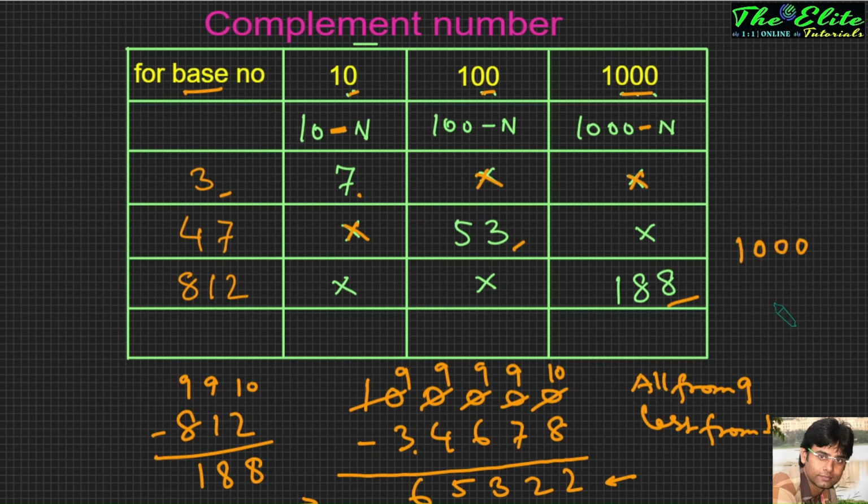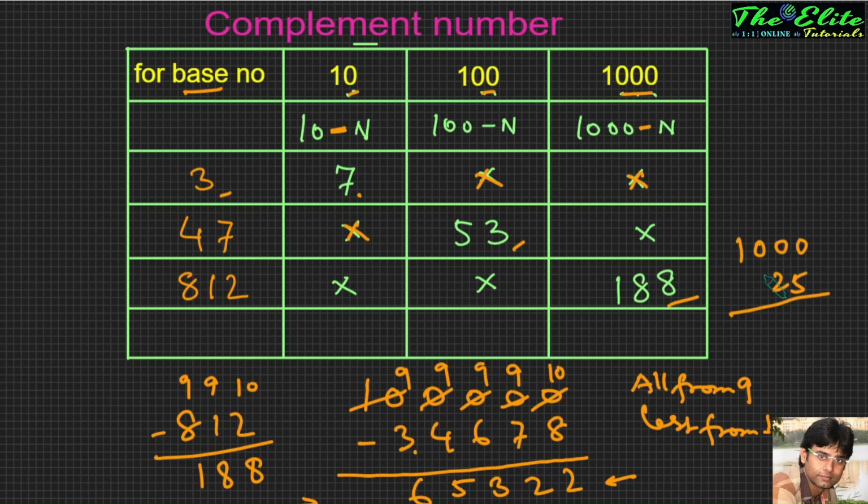Okay, sometimes you can have a subtraction like this, 1000 minus 25. So what are you going to do? You will again apply the same rule, all from 9, last from 10. Just be careful that the number on top is 4 digits with 3 zeros, and here it is only 2 digits.